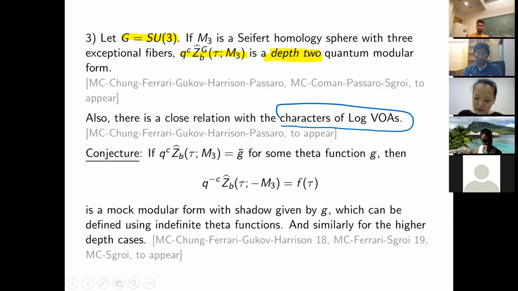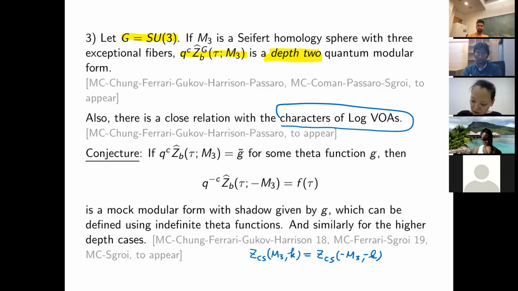So recall that the transseries has a very nice transformation if you flip the orientation of the three-manifold. Namely, you just flip the sign of the renormalized level.